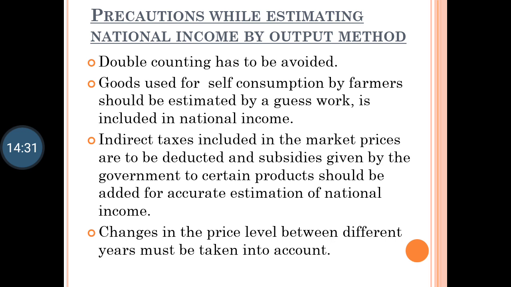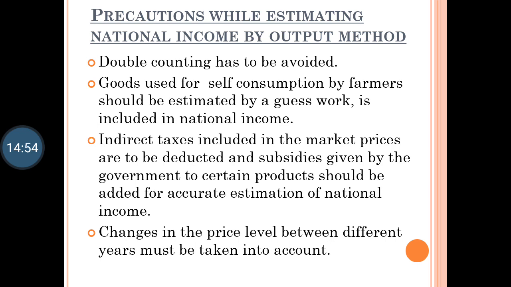Especially if we talk about agricultural products, whatever agricultural production takes place, a certain part the farmer keeps for their self consumption. They keep aside some part for their own household use. Suppose they have grown 100 quintals of wheat, they will not sell all 100 quintals.